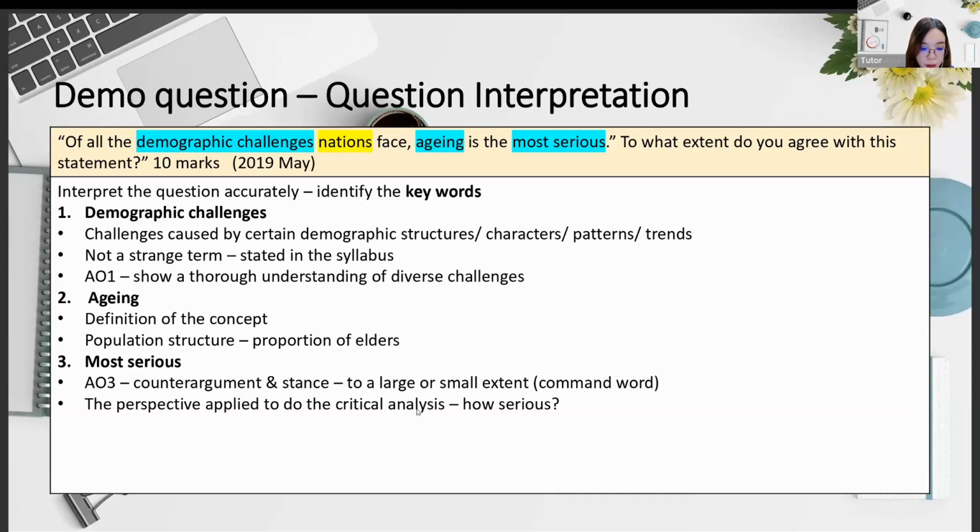Okay, so in that way, you are showing your AO3. You are showing your stance to a large or small extent, and the next thing is why.